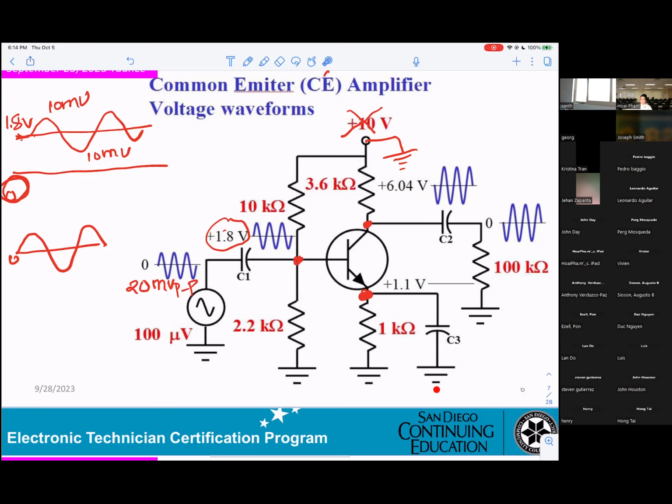If you want, you can remove C3 and try. Now you can see the sine wave here. So basically, the current IE goes this way.